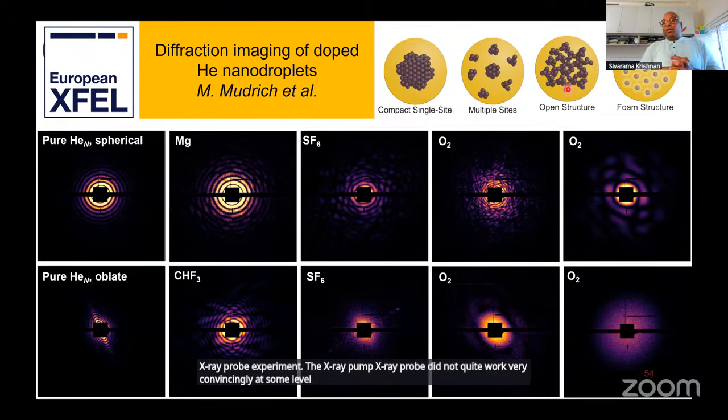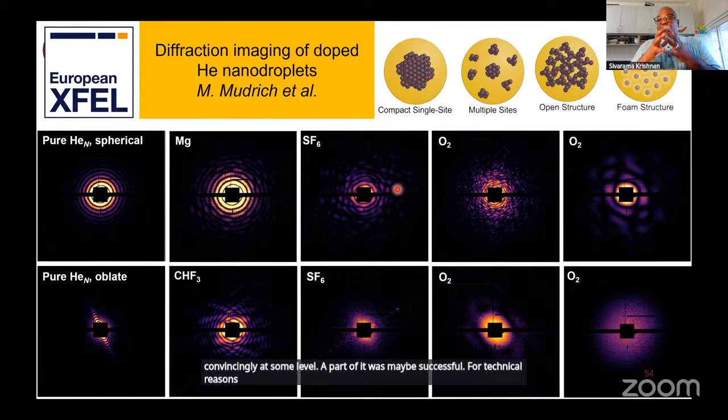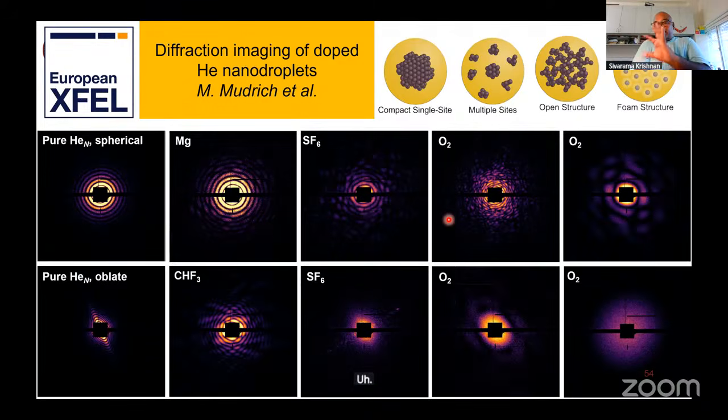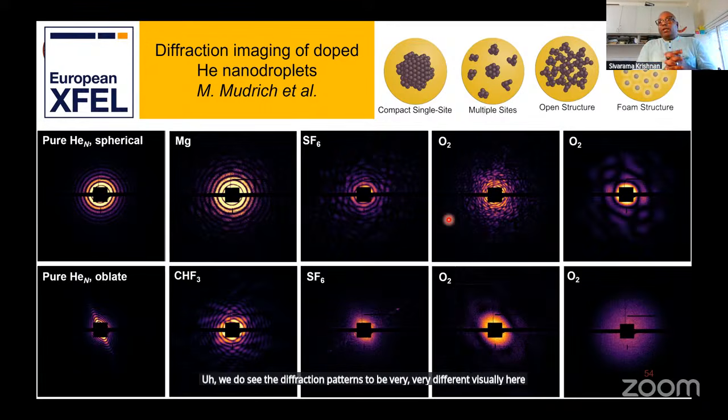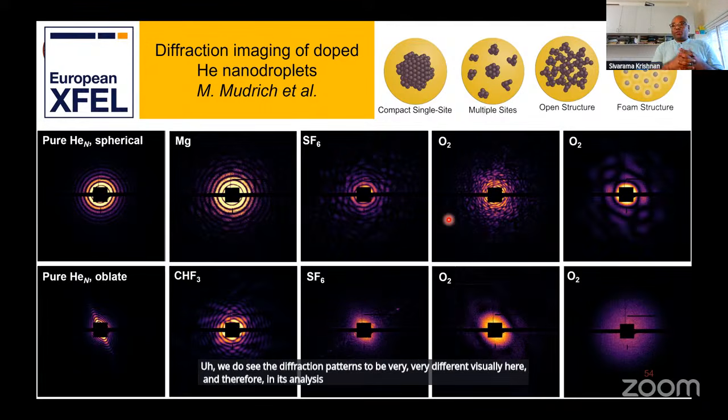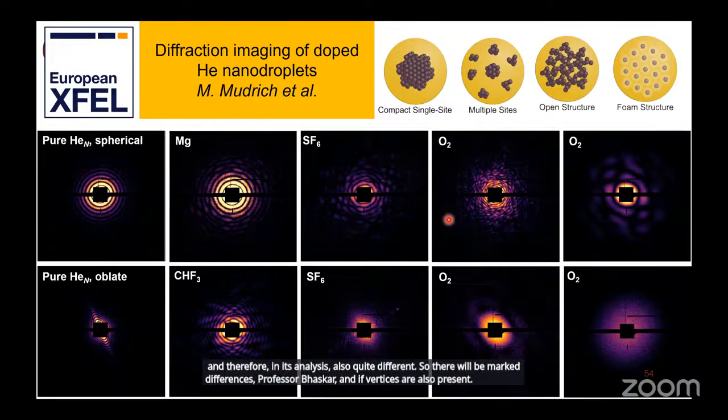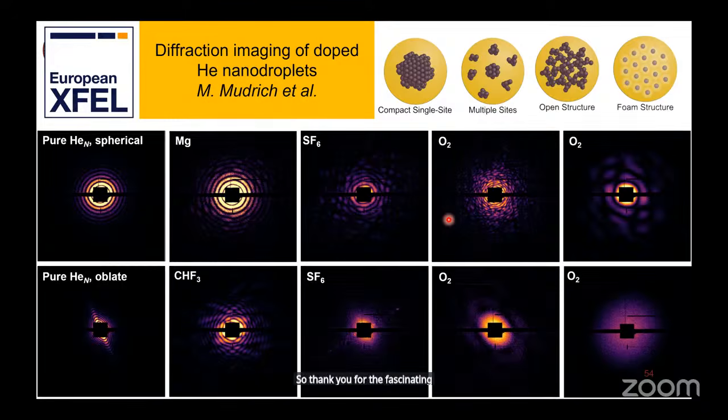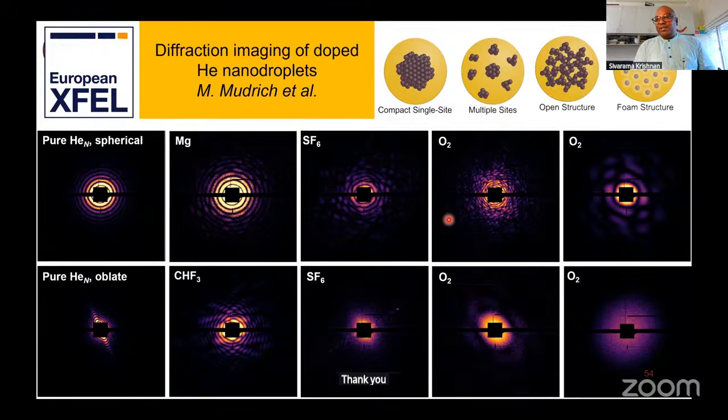A part of it was maybe successful for technical reasons. However, for just imaging these droplets themselves and discerning their structures, we do see the diffraction patterns to be very different visually, and therefore in their analysis also quite different. So there will be marked differences, Professor Bhaskaran, if vortices are also present. Thank you for the fascinating presentation. Thank you, Professor Bhaskaran, for the nice question.